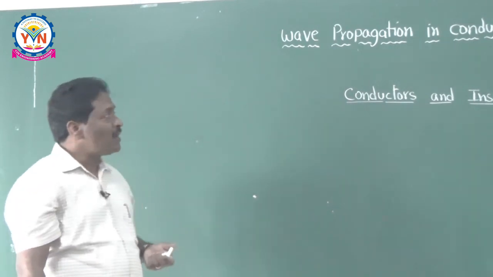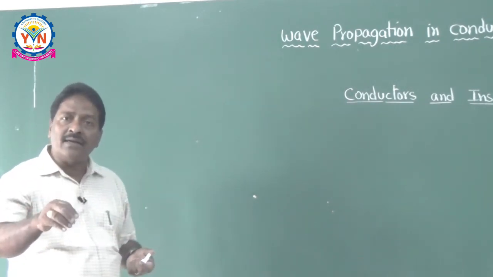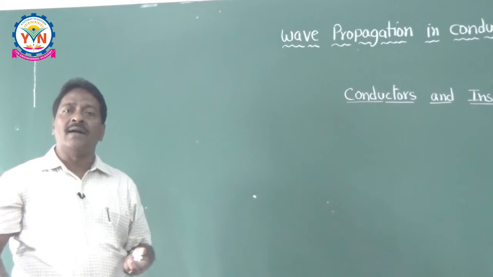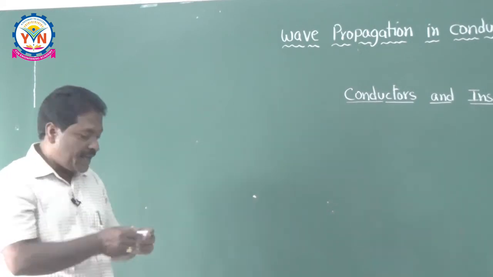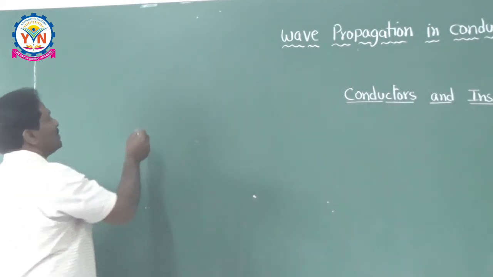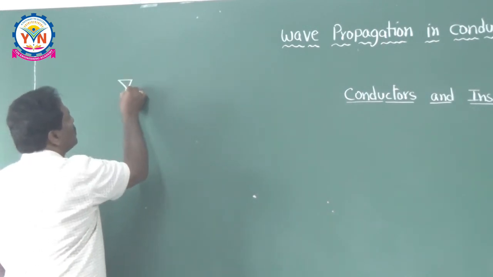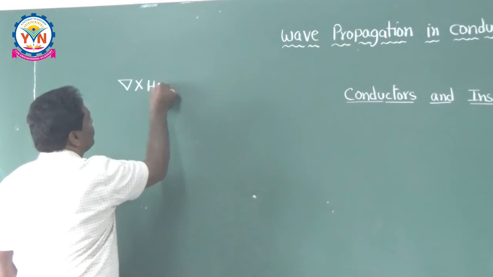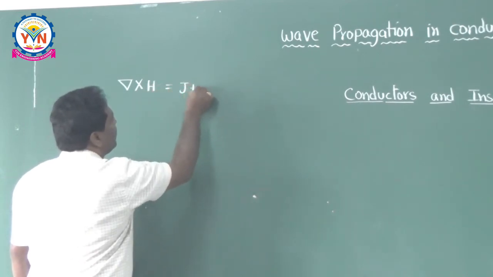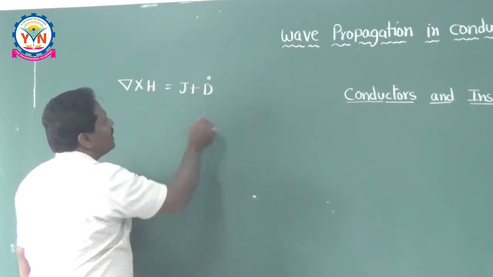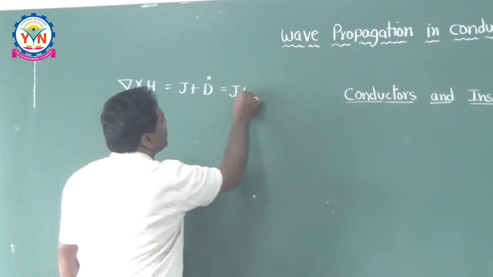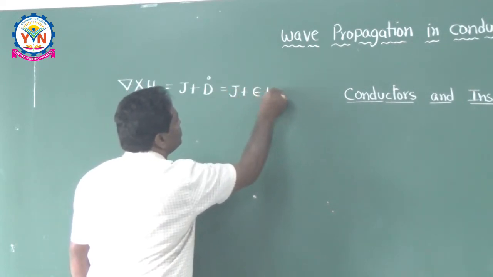Exactly, in order to identify good conductors and good dielectrics, let us define them by taking Maxwell's equation, the modified form of Ampere's circuital law, which is del cross H is equal to J plus D dot. That means it is equal to J plus epsilon times E dot.